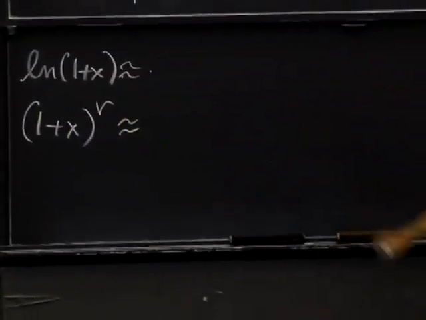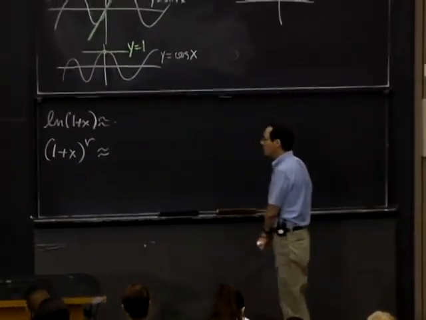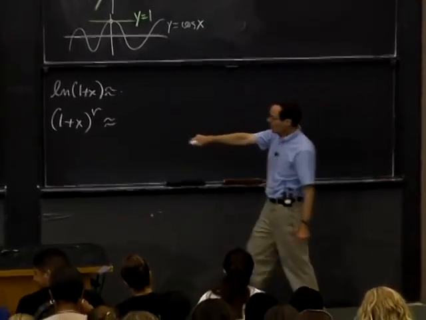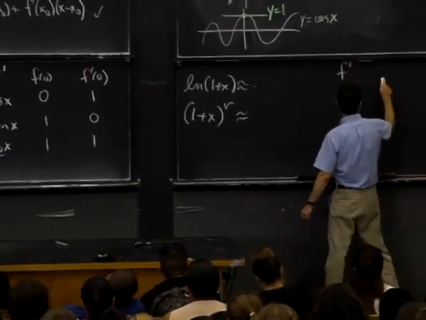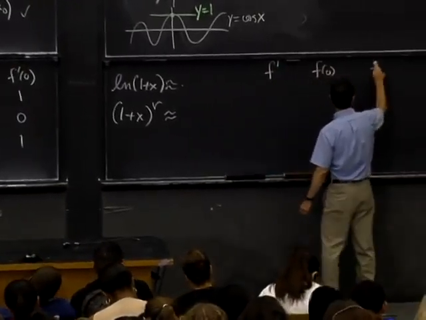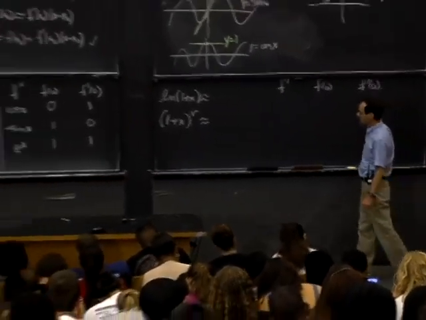These are the last two that we're going to write down. Now, the procedure is the same as over here. Namely, I have to write down f prime, f of 0, and f prime of 0, and then I'll have the coefficients to fill in what the approximation is.